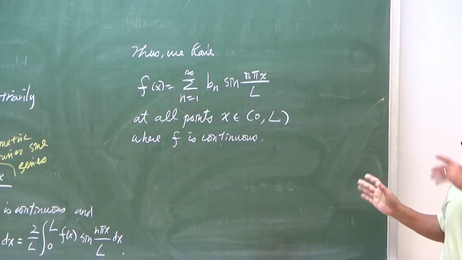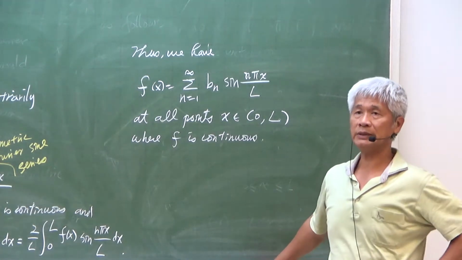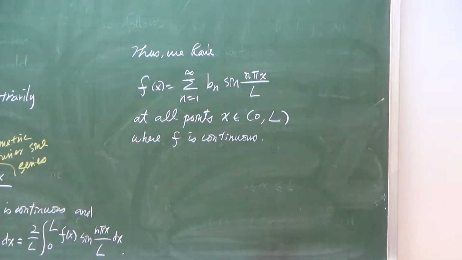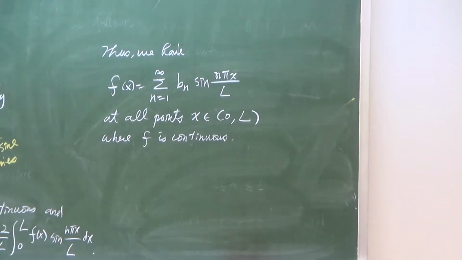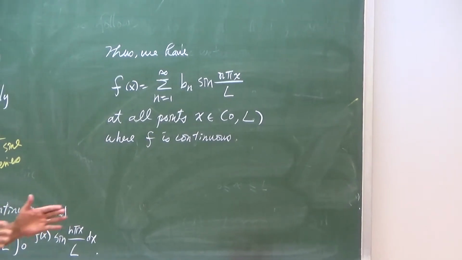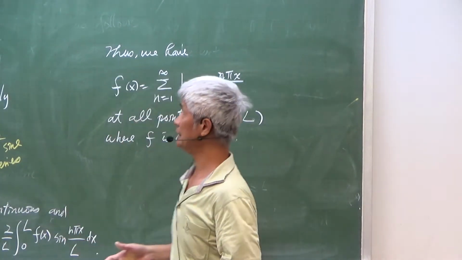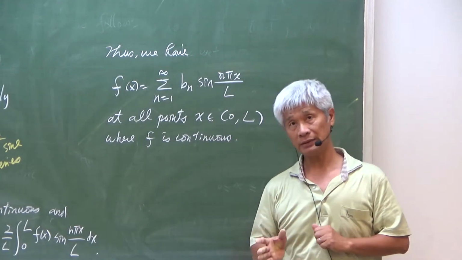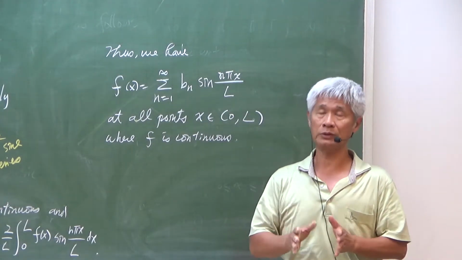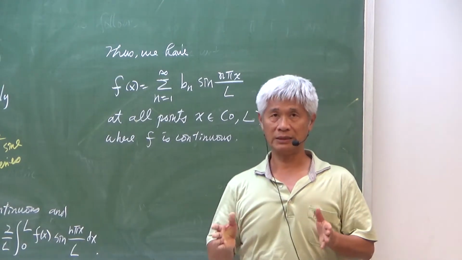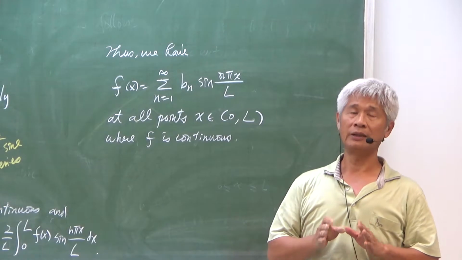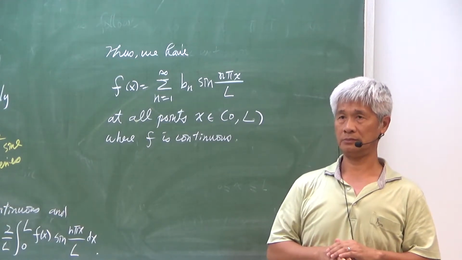Okay, so now we have a satisfactory theory about representing a function f defined on a finite interval from 0 to L by a trigonometric Fourier cosine series, or a trigonometric Fourier sine series.